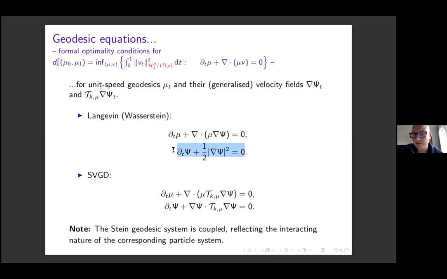This equation does not depend on mu, on the measure. The fact that these equations are coupled is due to the fact that the particle system is in fact interacting. Recall that the diffusion that I showed, the overdamped Langevin dynamics, just comprised one particle. Now, why is it interesting to look at these geodesic equations?